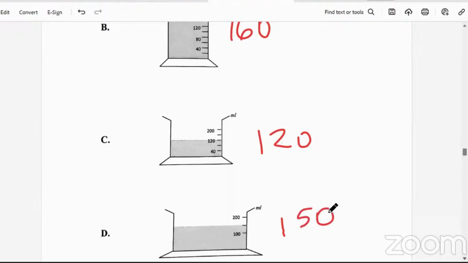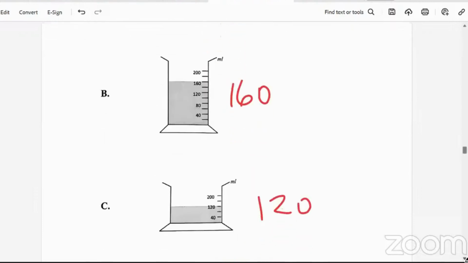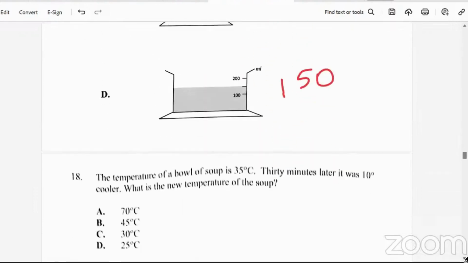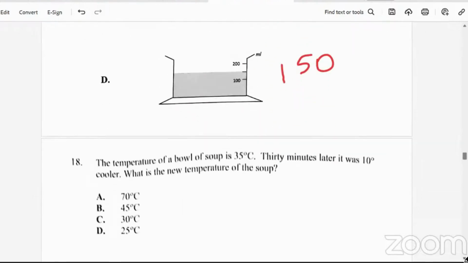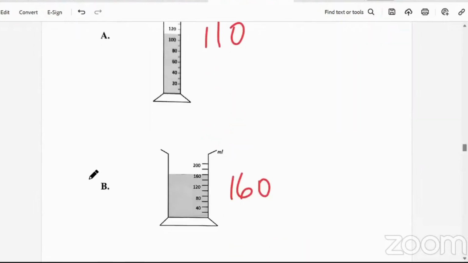So the container that has the most liquid would be container B. It has 160. So the answer, we have to circle it right here. I thought they'd give you the options. So this would be the correct answer, B.